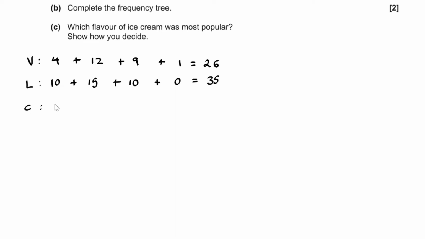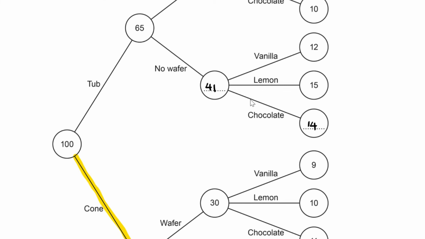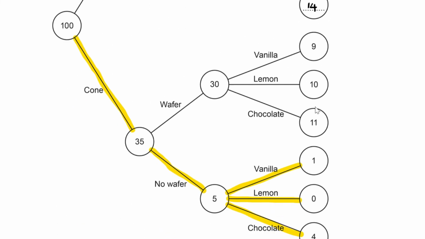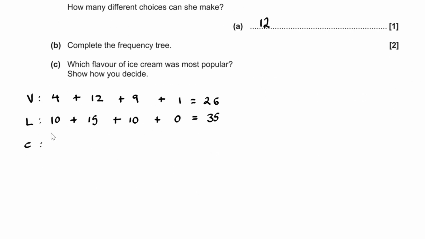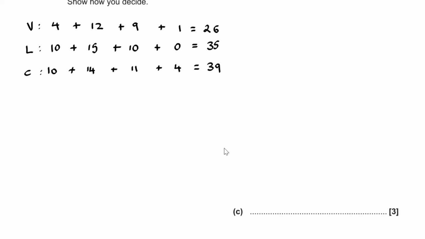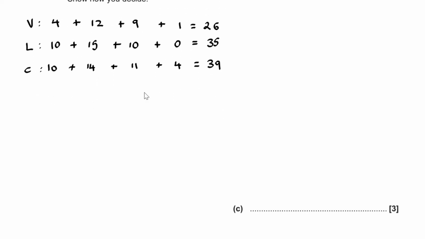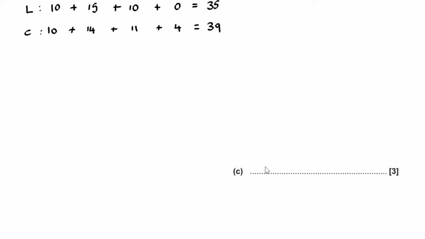And for chocolate, we would have 10 plus 14 plus 11 plus 4, which equals 39. And therefore, the ice cream flavour which is most popular will be chocolate.